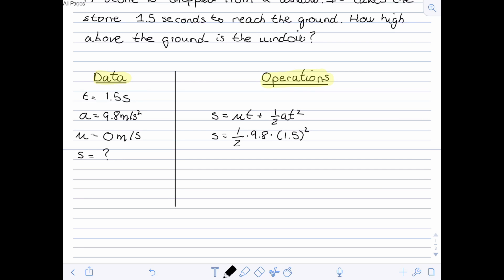Well, s is equal to 4.5 multiplied by 1.5 squared, and if I get the calculator, we get that s is equal to 10.125 meters. So basically roughly 10 meters, a bit more than 10 meters.